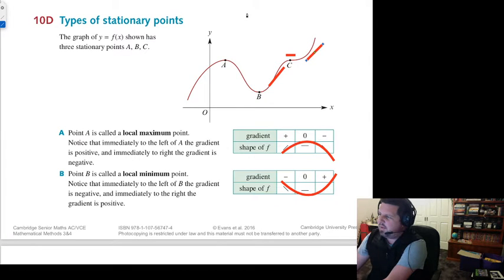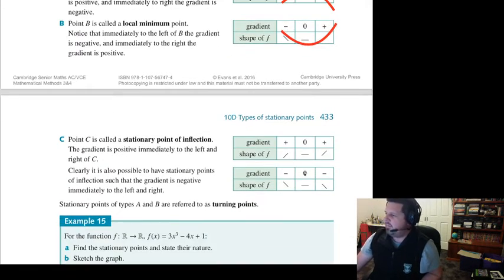You can also have the other version where it goes down, so it's got a negative gradient, then the stationary point, then a negative gradient again. It's going to look something like that. So a stationary point in the middle, a stationary point of inflection there. And you can see how we've done that.